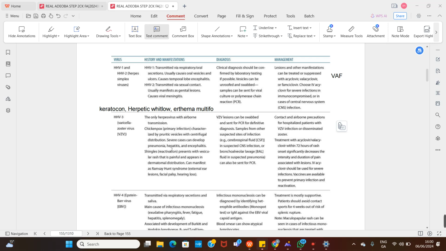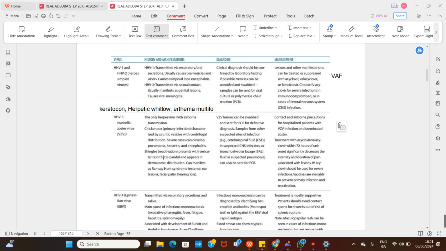So when there is reactivation of the virus, what do you expect? The individual is going to present with shingles, right? And they are going to have vesicular rash, which is very, very painful. But one thing to always look out for is that the area where the rash develops initially becomes very painful.